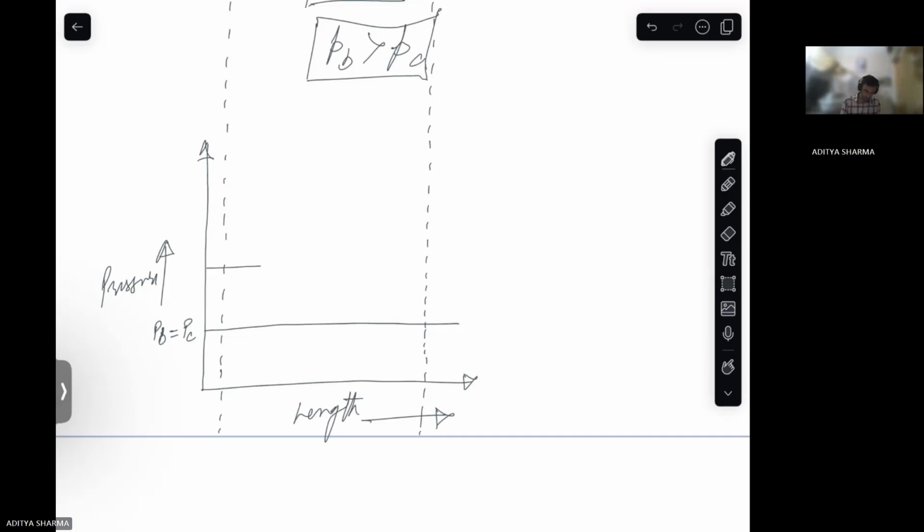Then one plot we will take where PB is greater than PC. Then one plot where your back pressure is less than critical pressure.